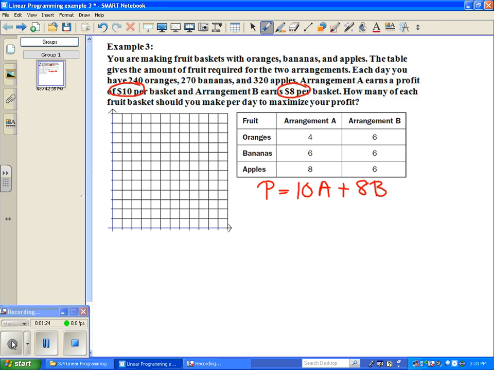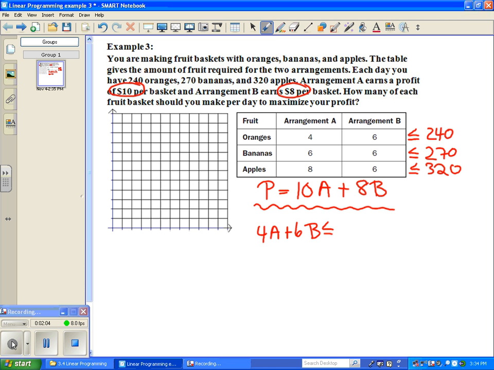Okay, so since we have our profit equation, we have to find some constraint equations. Now we know that the oranges are constrained by the fact that we have at most 240. The bananas, we have at most 270. And the apples, we have at most 320 available to us. So let's write the three equations here. We know that 4A plus 6B has to be less than or equal to 240.